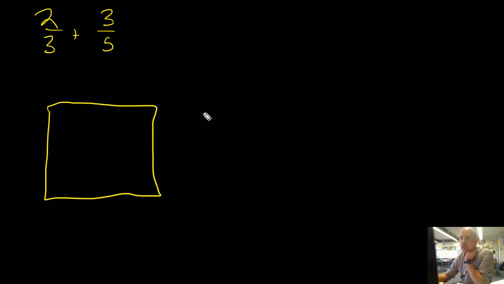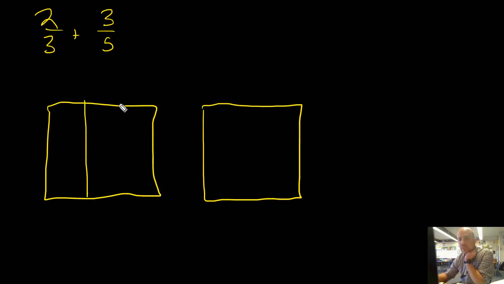Now, both of these have numerators that are greater than 1. So when we go about drawing our boxes, I'm going to make them just a little bit bigger. I'm going to want to be careful as to how I'm drawing. Okay, so I have 2/3, so I'm going to split mine into thirds, and I have 2 of them.